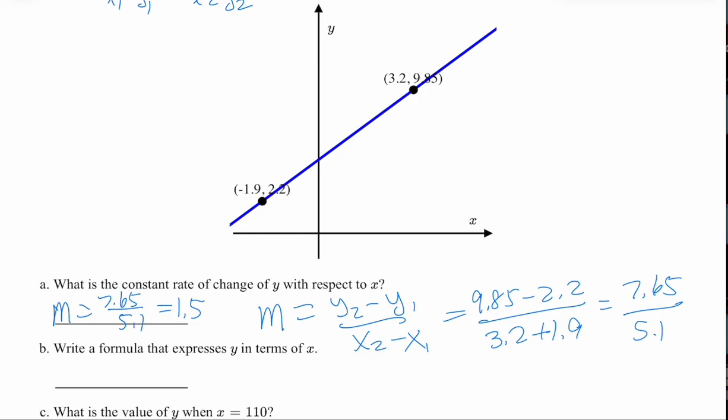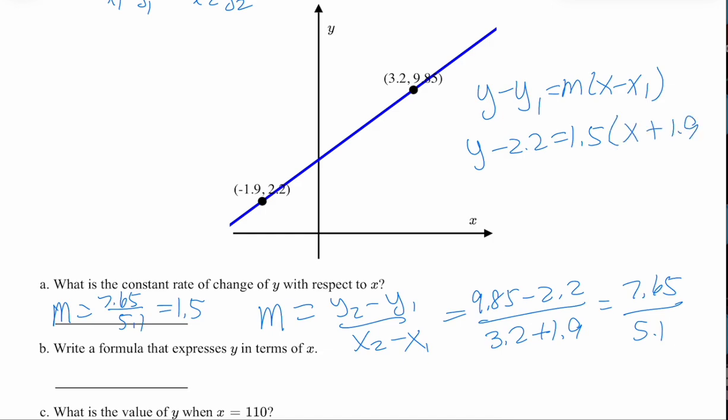Now it says to write a formula. So that comes back to y minus y1 equals m times x minus x1. So I have a y1 and x1, why not use it? So y minus 2.2 equals 1.5 times x plus 1.9.